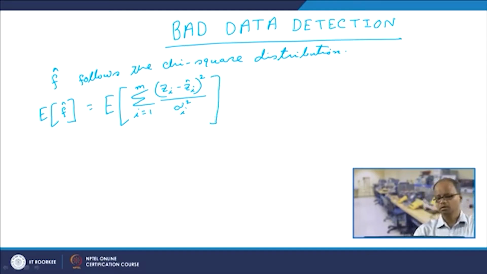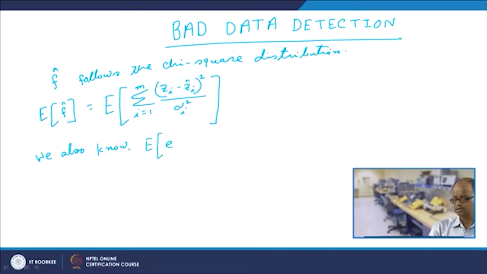Now, we also know that expected value of E E hat transpose, we have already seen in the last lecture, is actually a matrix R dash, and we have also seen that this quantity is an m cross m matrix.